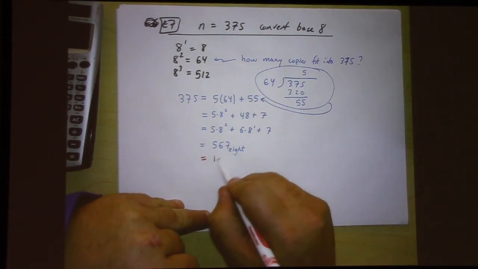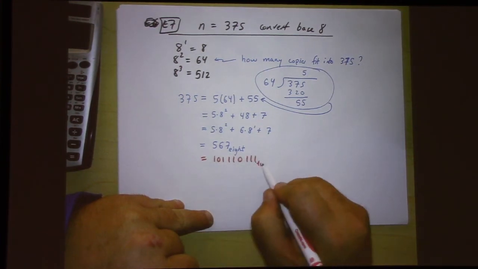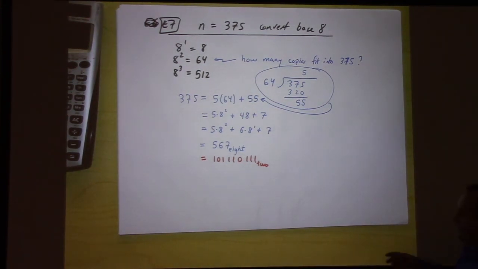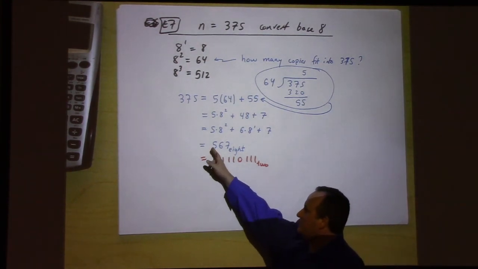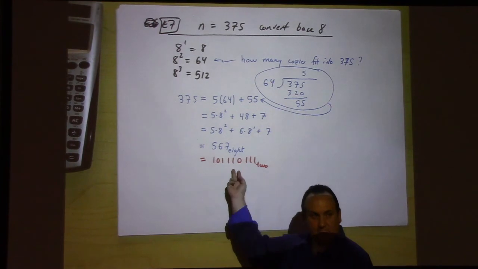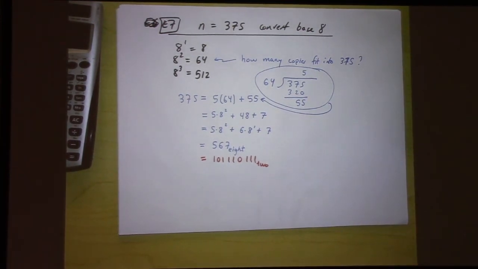Watch. 1, 0, 1, 1, 1, 0, 1, 1, 1, base 2. There you go. That's the binary number, because I can use that trick, remember? That the octal, we can just replace each octal digit by its corresponding binary triple, like this. And that's the trick, yeah. So that's kind of fun.